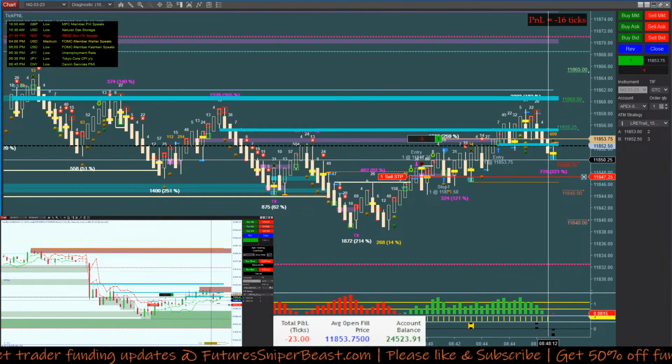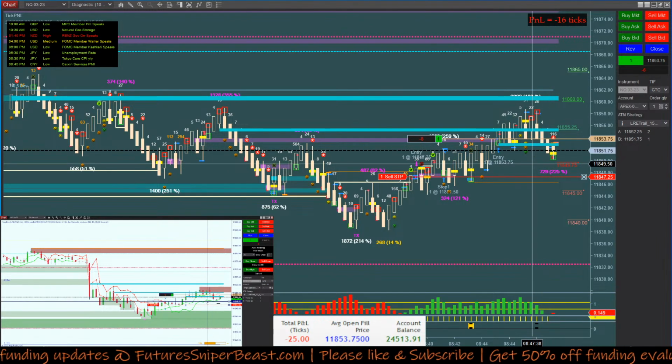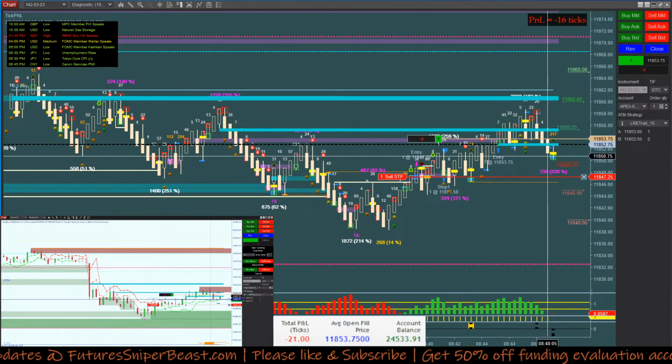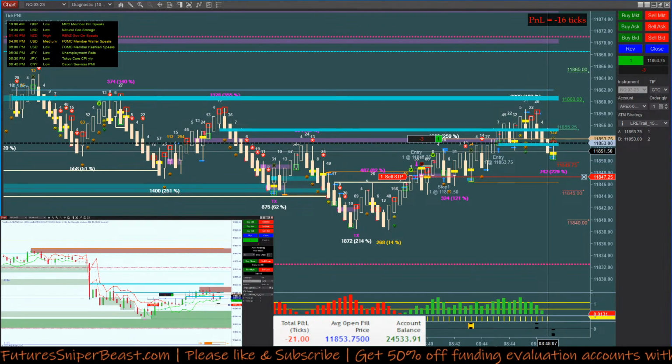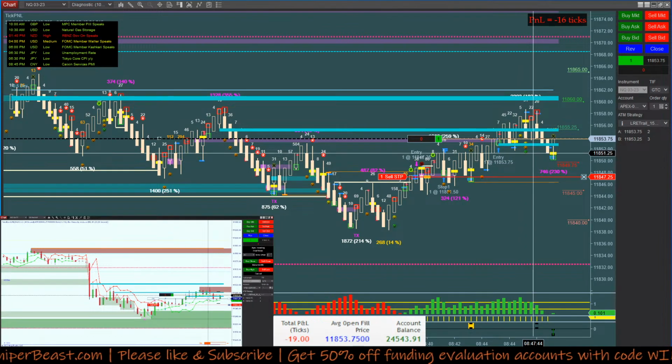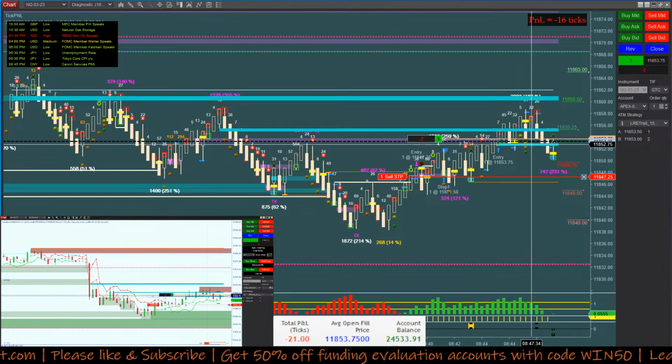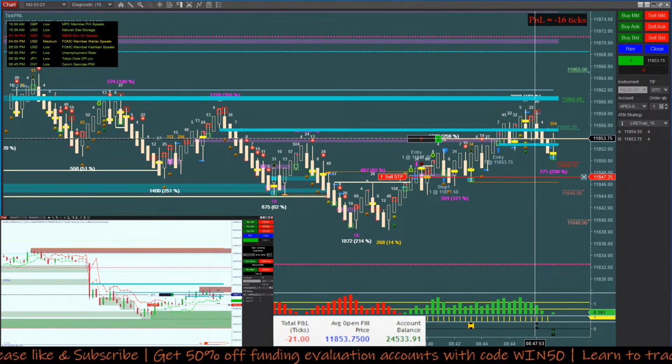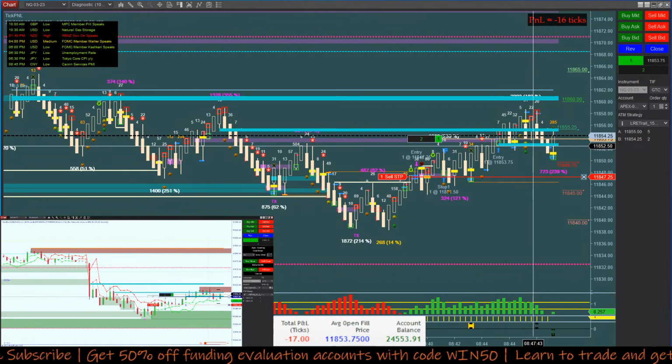Potential TX on NQ. If we can get this TX long here with this little setup, that would help. I don't think it'd be enough to push it up through to the deviation, but it'll definitely help.